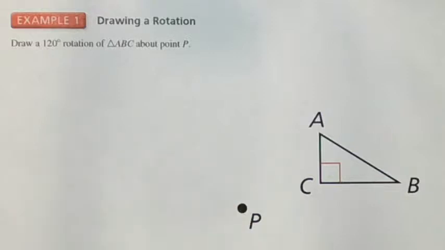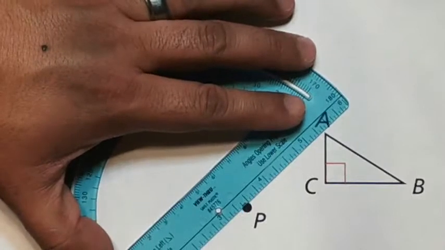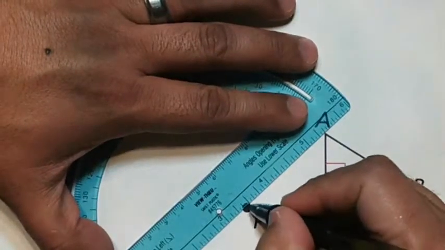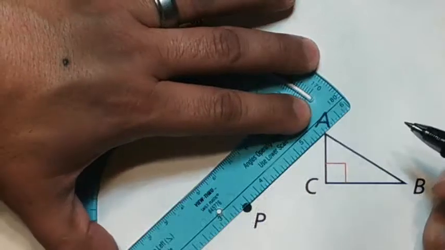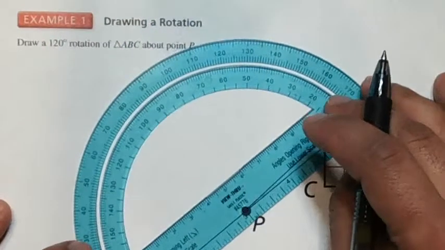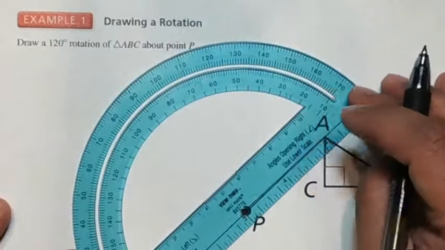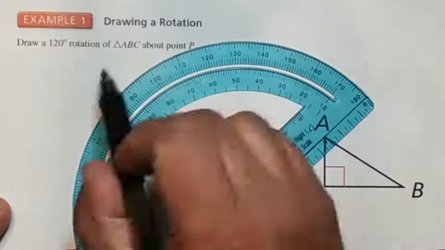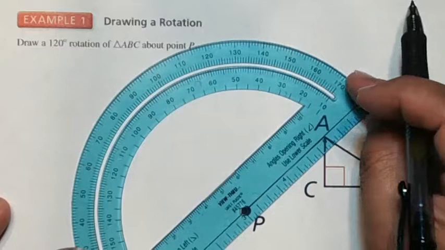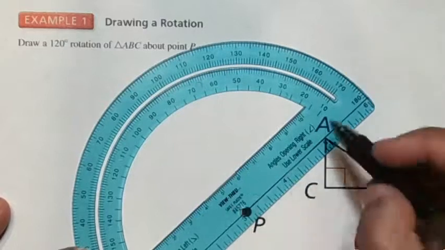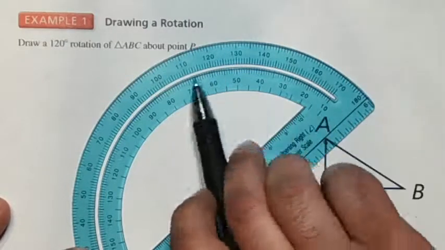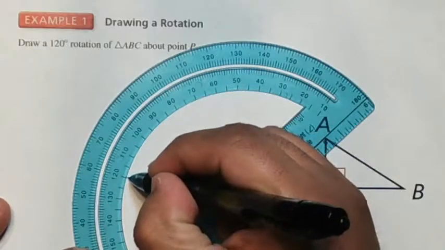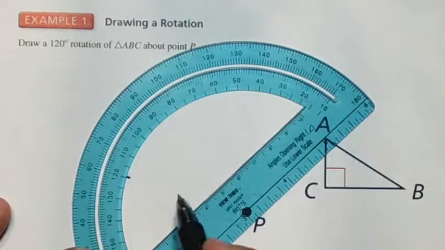Notice it doesn't say which direction, so the default is counterclockwise, about this point P. The way this works is we draw a segment from P to A. Then we make an angle from point P, and because it says 120 degrees, we line up our segment and measure out 120 degrees, which would be here. If I draw this and connect it, that creates a 120 degree angle.